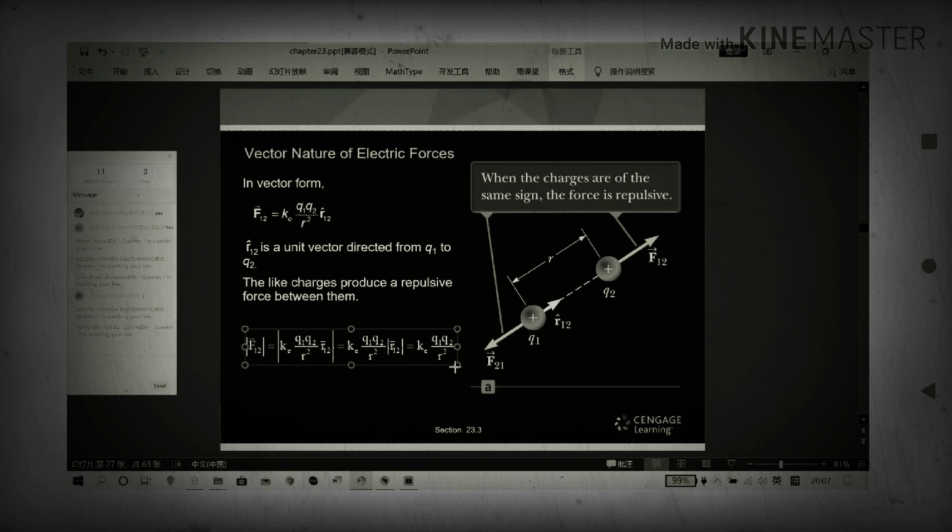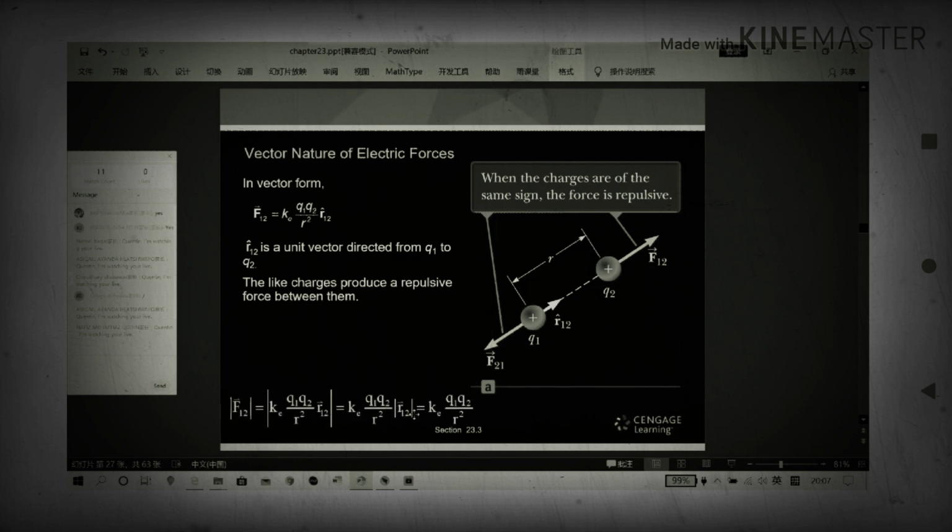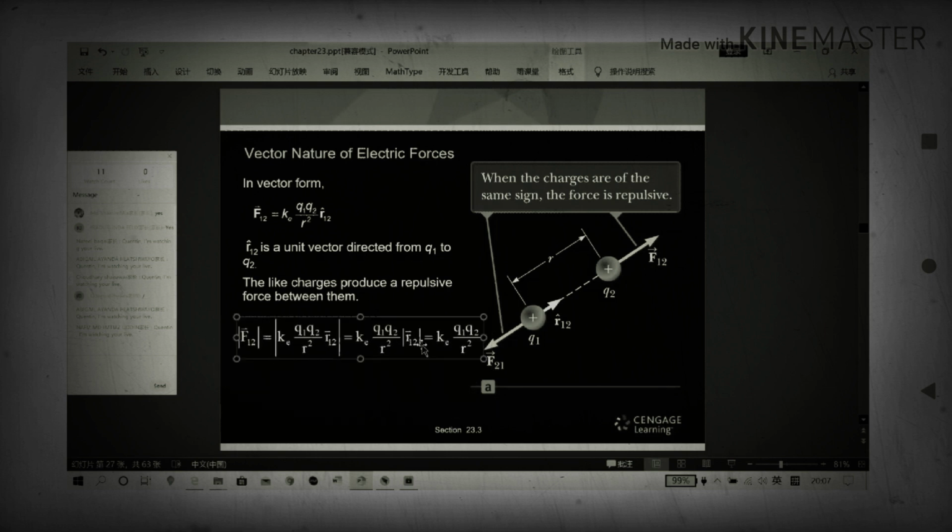So this unit vector, I hope you will get the sense of what this unit vector means. The unit vector represents the direction of this force.